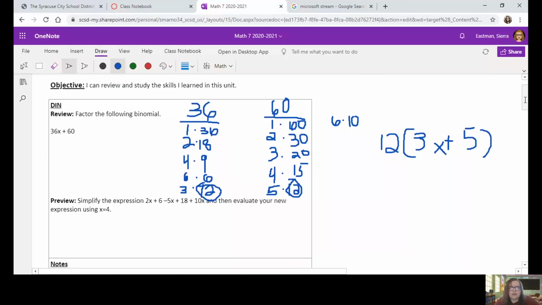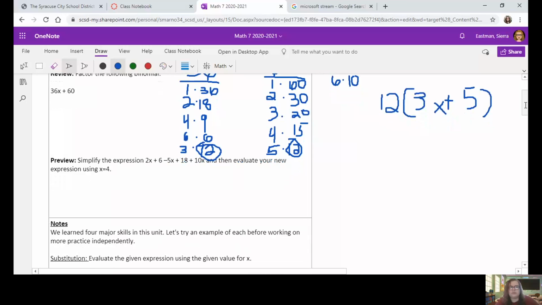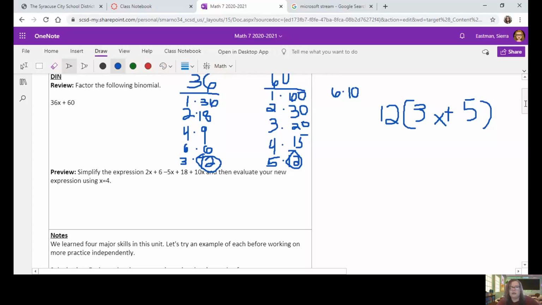If I scroll down to the preview question, we have another skill that we learned in this unit, which is simplifying expressions. And also substitution, evaluating our expression using a certain number for the variable, okay?